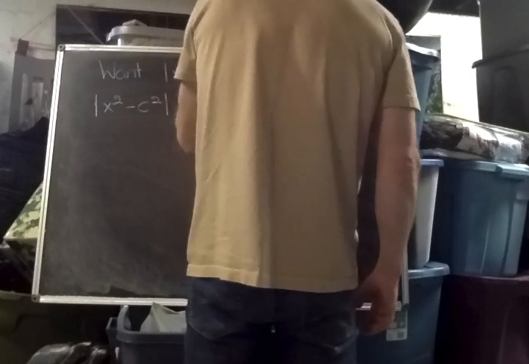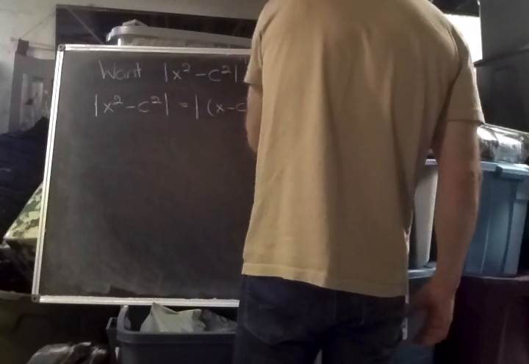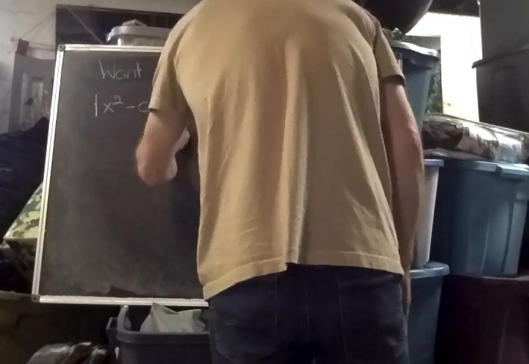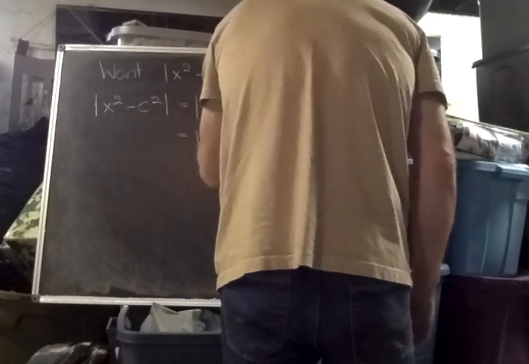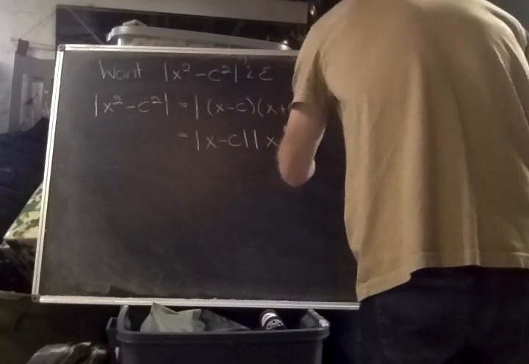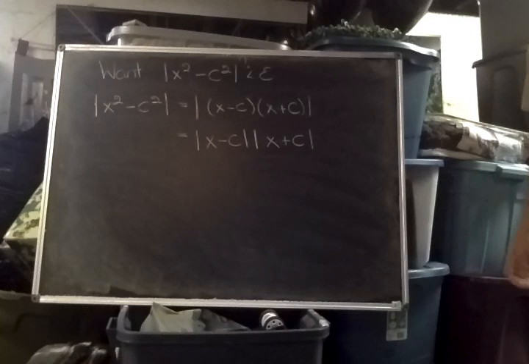So we've got absolute value of x squared minus c squared. That's the same thing as the absolute value of x minus c times x plus c from the difference of squares formula, which, through the basic properties of the absolute value, is equal to the absolute value of x minus c.